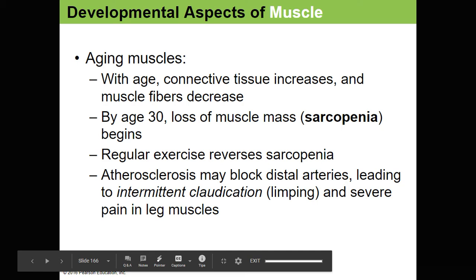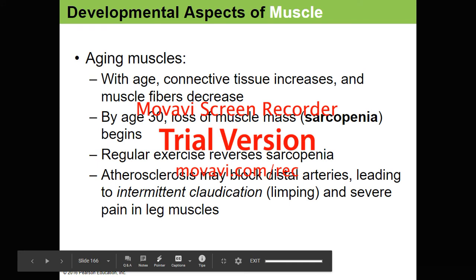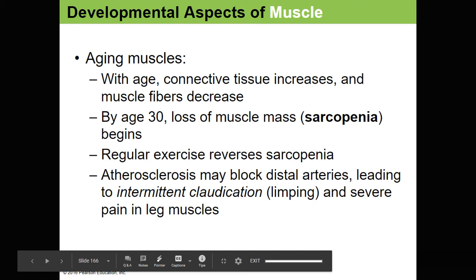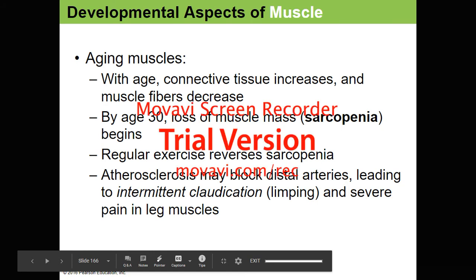So when your arteries get fatty, the fatty layer of your arteries hardens, okay, and it clogs, essentially makes your arteries more narrow, and that's going to lead to less blood flow.